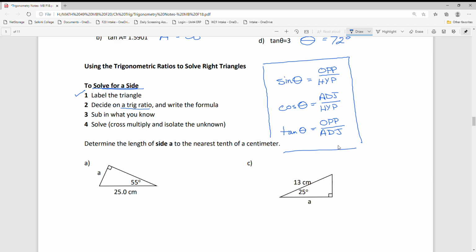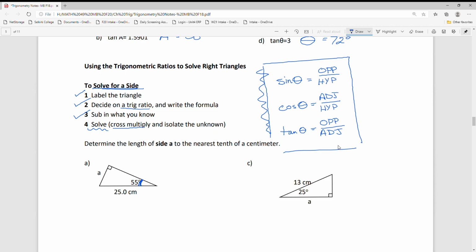So we've got these ratios over here listed, so we can take a look and see which one is relevant for the triangle that we're working on. We're going to write that equation down, and then we're going to sub in the specifics about the triangle. We're then going to solve, and we're going to talk about how there's two different ways to solve. You could talk about cross multiplying, and we'll just work through these because it's easier probably to show you than tell you.